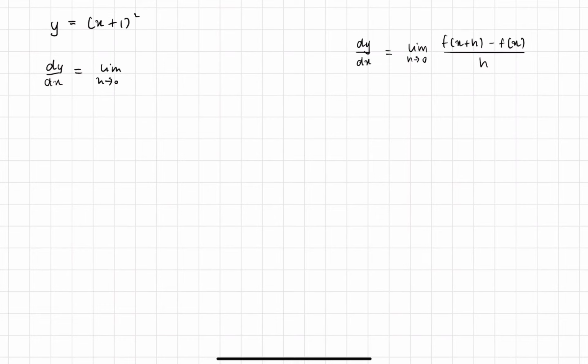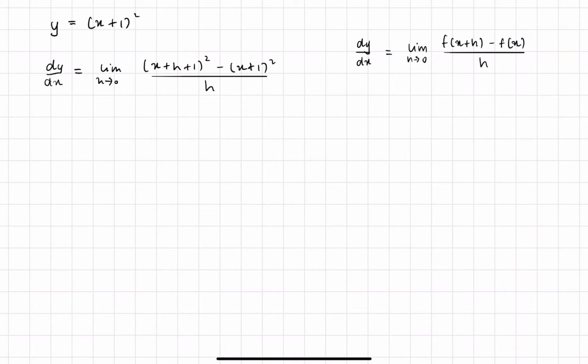Okay, so we're going to substitute x plus h into our function, right? So we have (x plus h plus 1) squared minus the original function over h.